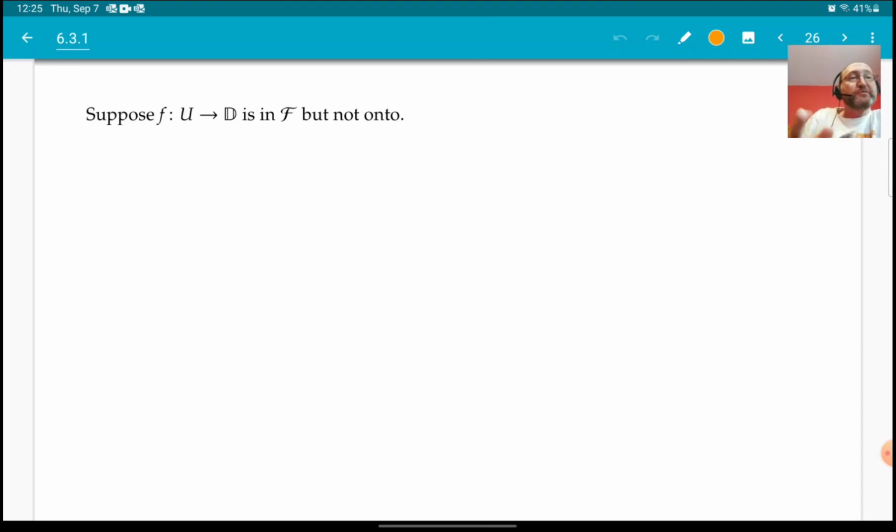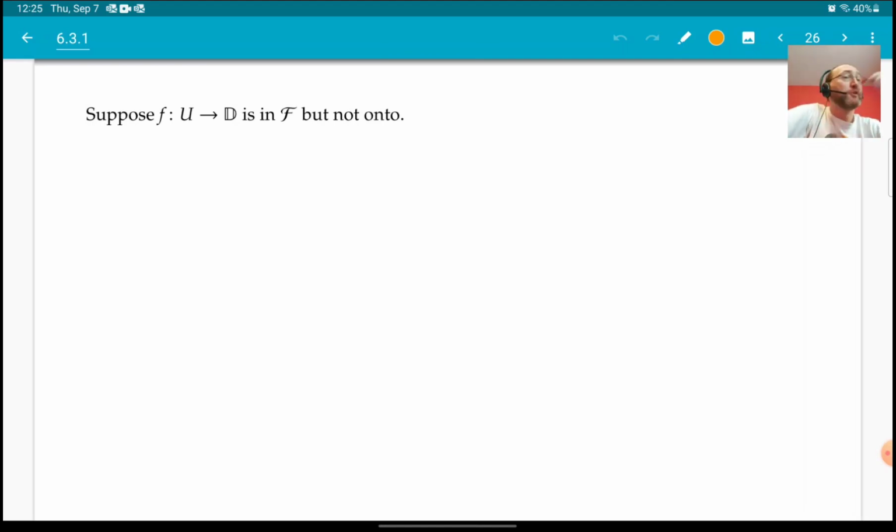So what we have to prove now is that if the map is not onto, then we can construct something with a larger derivative at p, which is also in F. So basically, that says that the maximizer will be onto, because it couldn't have been not onto.